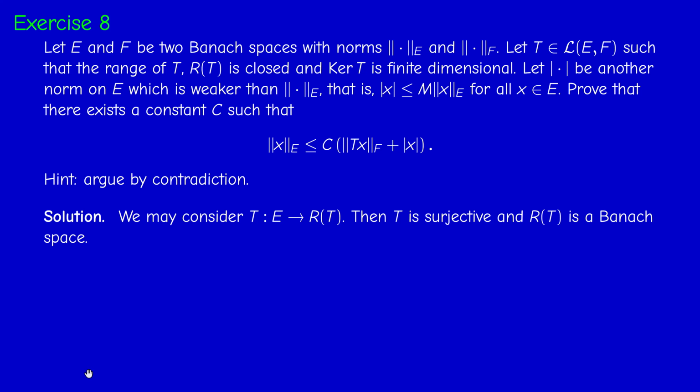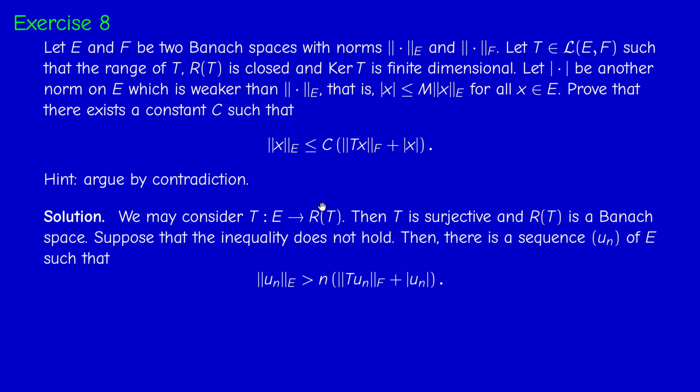Then for each constant, you get one x, which we call xn; I called it here un, it doesn't really matter. This is just the negation of this inequality in terms of quantifiers. The exists becomes for all, and the for all becomes exists. This is really something that you should master.